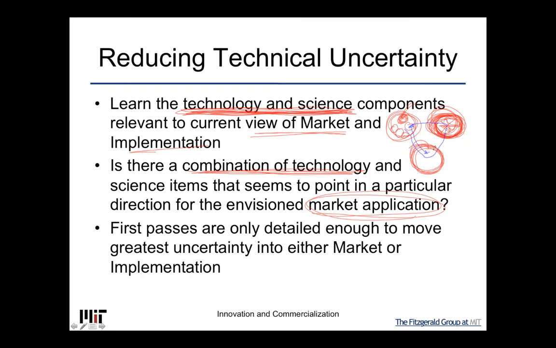I'm just drawing a circle here. Remember, there are two-way arrows between all these. So what you're doing is taking a first pass on some motivation and then spending a lot of time in the technology part to narrow the uncertainty. But when you throw more things out and this gets narrower, it's automatically going to start impacting the other ones as well, because options are thrown out. And these first passes are only detailed enough to reduce the greatest uncertainty.